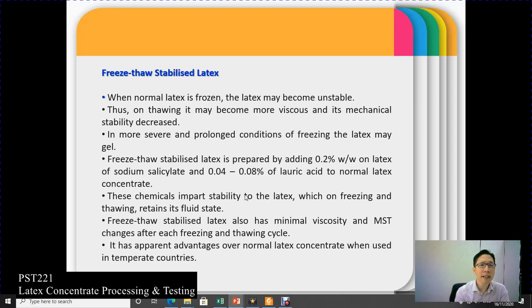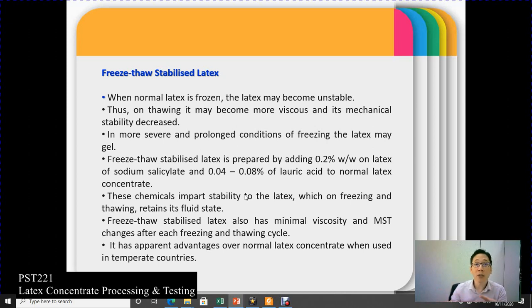Next, okay, the third one is freeze-thaw stabilized latex. What is freeze-thaw stabilized latex? Okay, when normal latex is frozen, the latex may become unstable. So on thawing it may become more viscous and its mechanical stability decreases. So basically in a cold climate country we have a lower temperature, so there is a tendency for your stored latex to be frozen during the storage process.